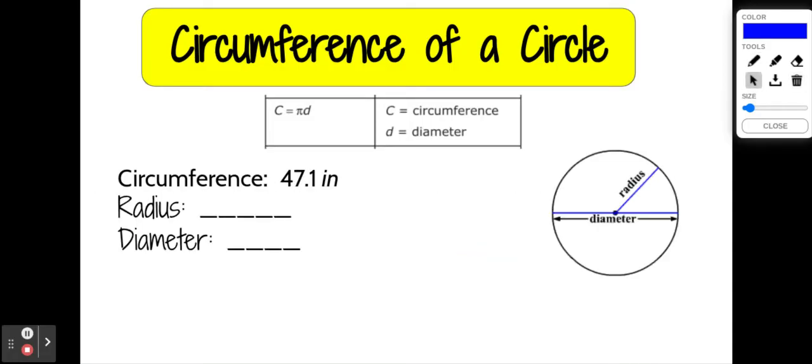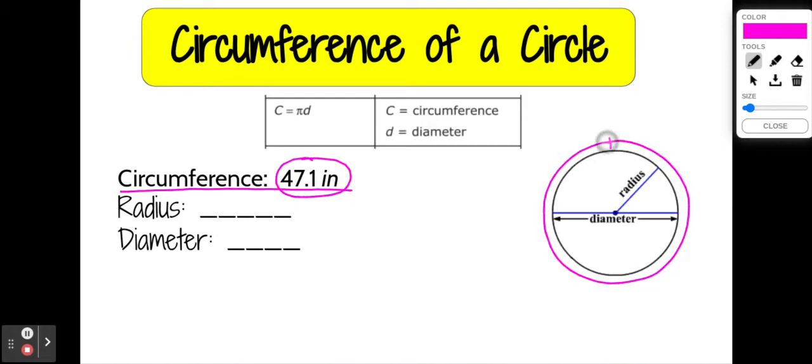This is a working backward problem. Let's go with purple here on this one. That looks fun. This is working backward because I'm given the circumference. Do you see how we're told that the circumference is 47.1 inches? That means that the distance around the circle is 47.1 inches.